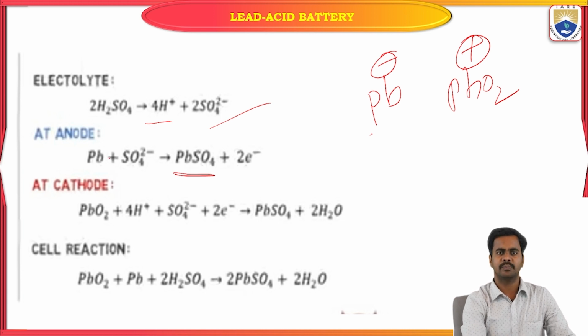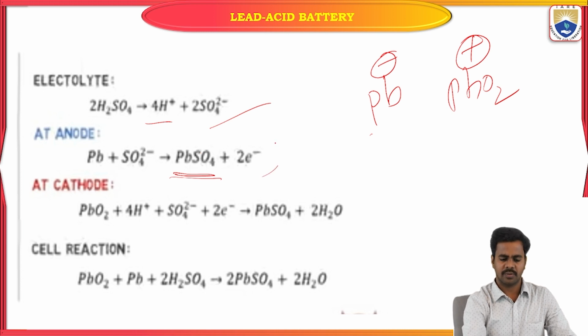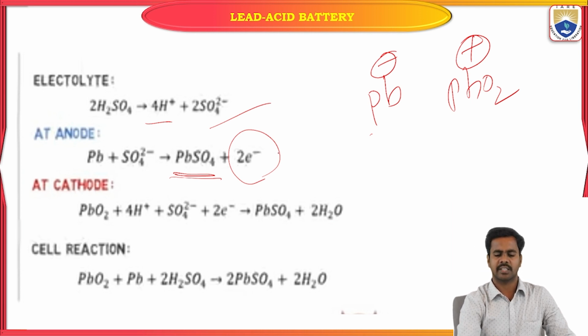So Pb2+ and SO4 2- form PbSO4 at the anode. If you observe, here 2 electrons have been eliminated. That's why we can say that an oxidation reaction takes place at the anode.